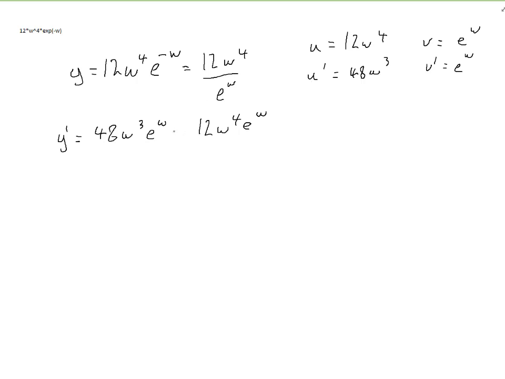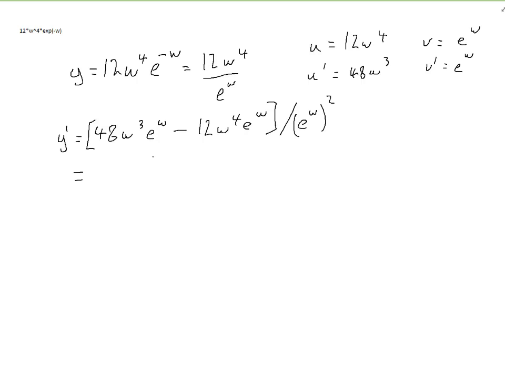Because it's the quotient rule, we have to remember 2 things. The negative here and the divide by v squared, which is e to the power w squared. So it looks very difficult at this point. Just check that we're on the right track. This times this, yes, and this times this, yes, with a minus sign.